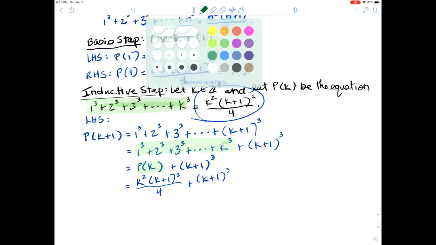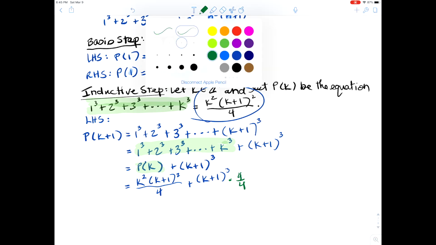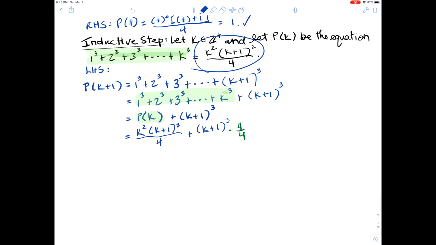And then working to get a common denominator, we'll multiply by 4 over 4. And we will have k squared times (k plus 1), the quantity squared, plus 4 times (k plus 1), the quantity cubed, all over 4.